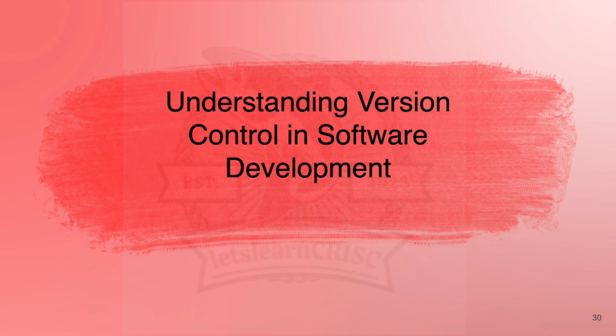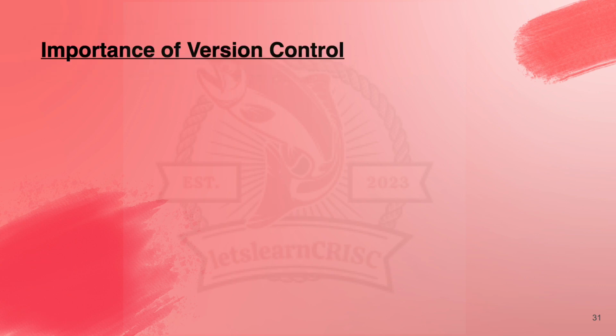Friends, the primary purpose of version control is to store a complete history of code versions, making it possible to revert to a previous version if needed. In this coming presentation, we'll explore the importance of version control and how it mitigates the risk of overwriting or bypassing functionality in a system. So first is the importance of version control.